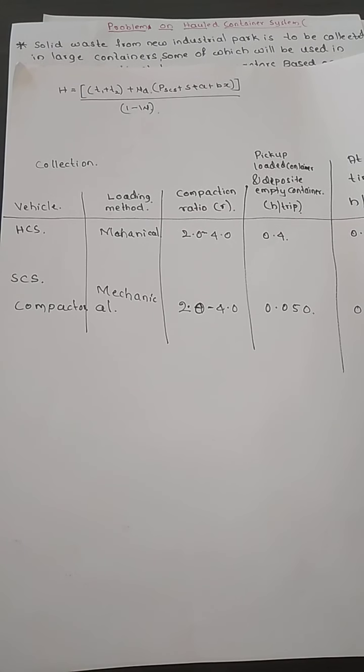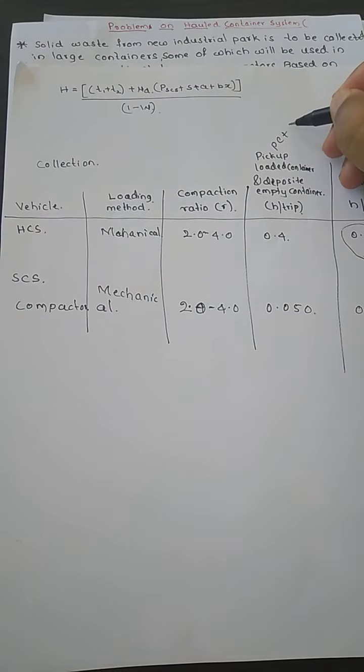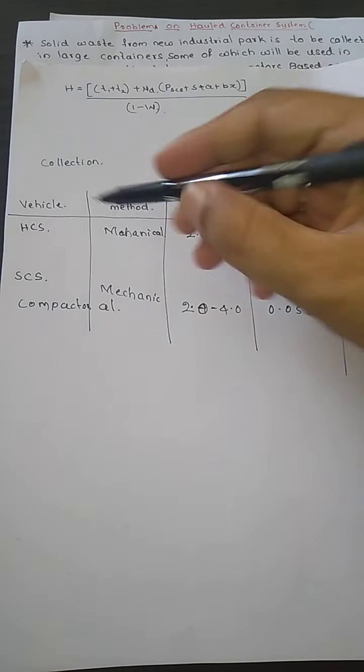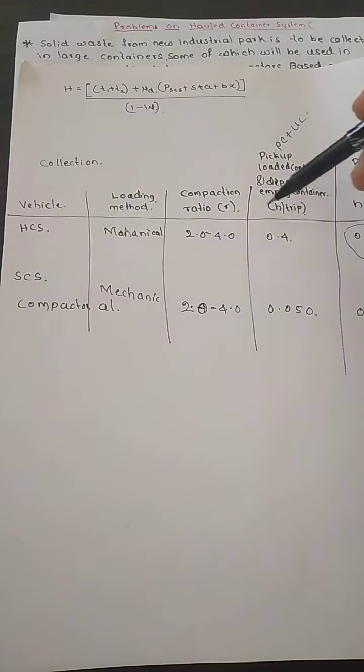Now if you remember, at site time s, that I have told you, the value of s will be around 0.133. It is taken from this particular tabular column. Now the pickup time, loaded container and deposit the empty container, this is nothing but PC plus UC. PC plus UC for a hauled container system is 0.4 with the compaction ratio 2 to 4.